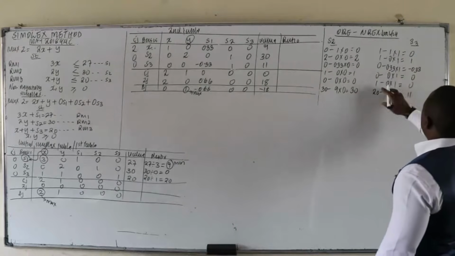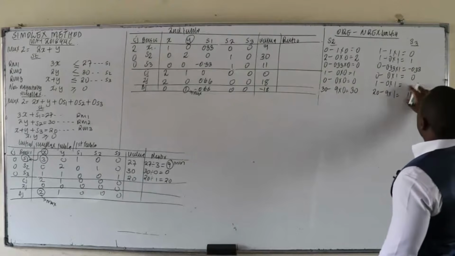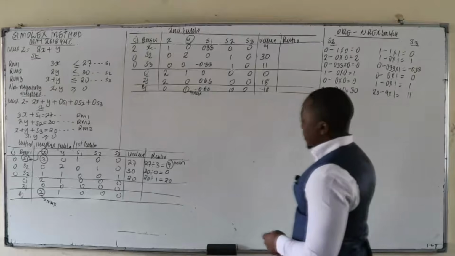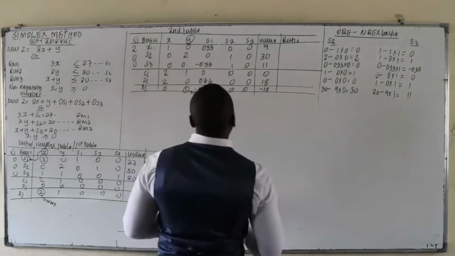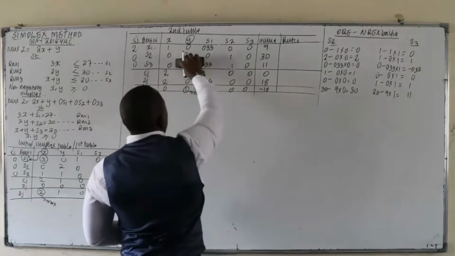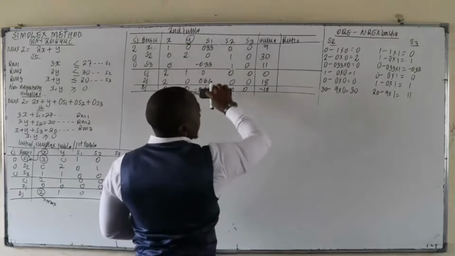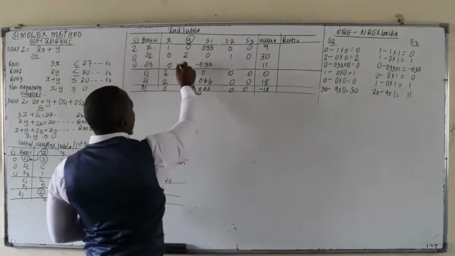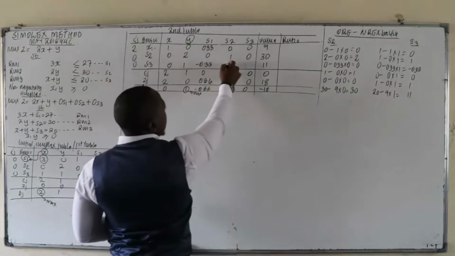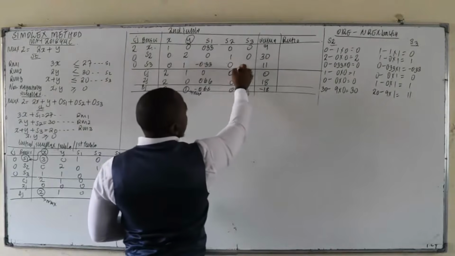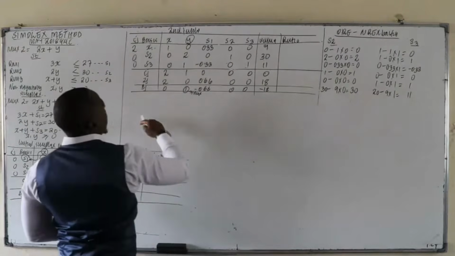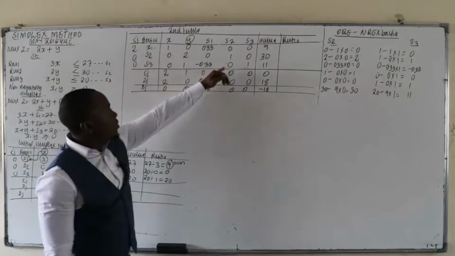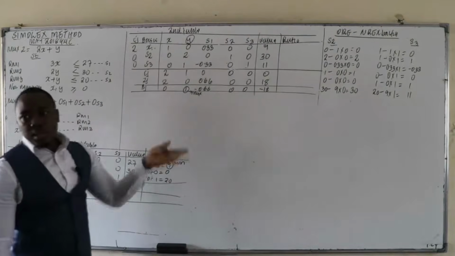This one will be 0. This one will be 1. So S3, that's 1. Also, this one will change: this is 1, this is 0, and this is 1. So after all, it won't change anything, because if you take those elements and multiply by 0, it remains 0.